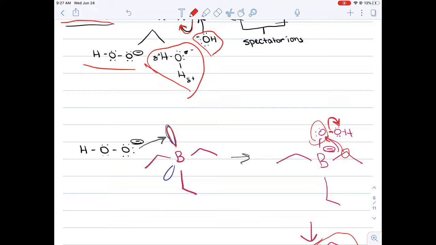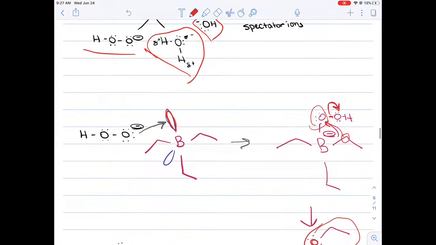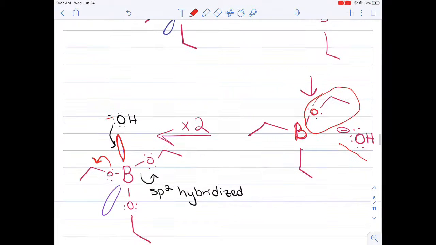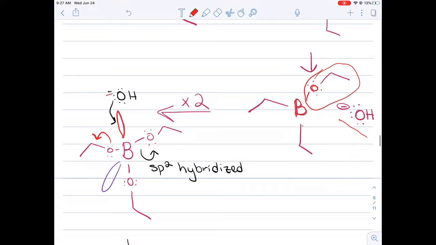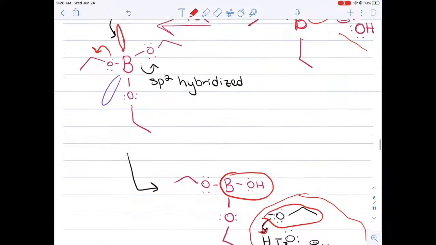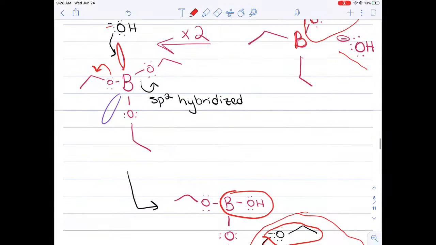The peroxide ion is going to attack one of the unhybridized orbitals in boron. And because boron doesn't want to have 4 bonds, one of the carbon atoms in the alkenes is going to form a bond with that oxygen, giving you this as a product. It's going to do it 2 more times.